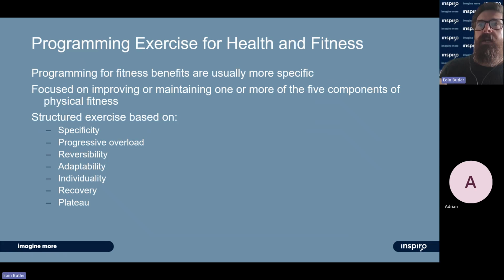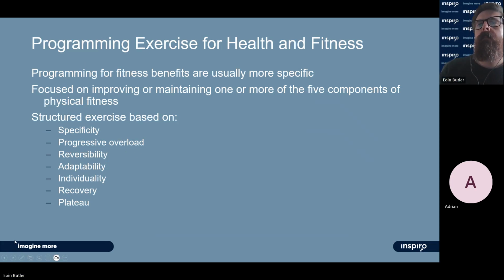If the client has a goal of losing weight, then we need to ensure that our programs are specific to weight loss. If we've got a client who wants to increase muscle mass, we need our program specific to increasing muscle mass. So our program card needs to be specific to the goal that is set for the client.